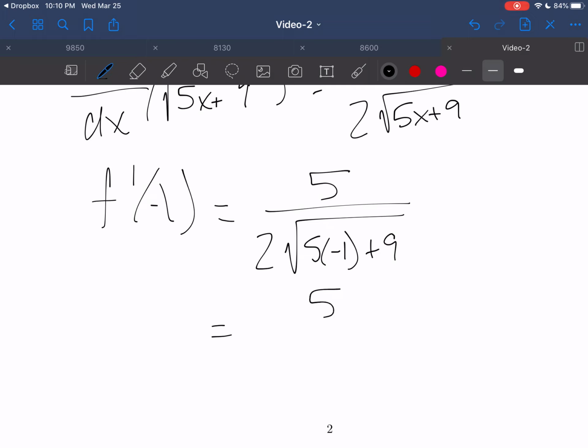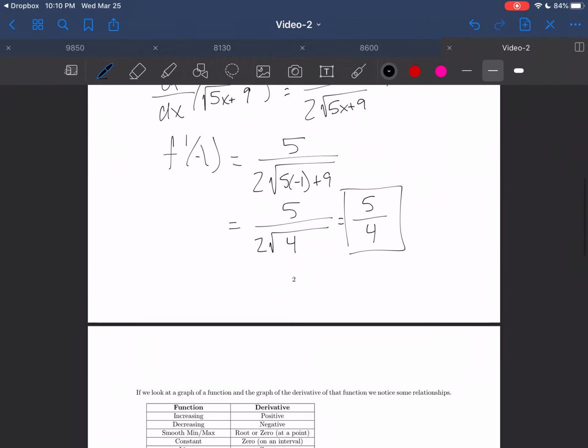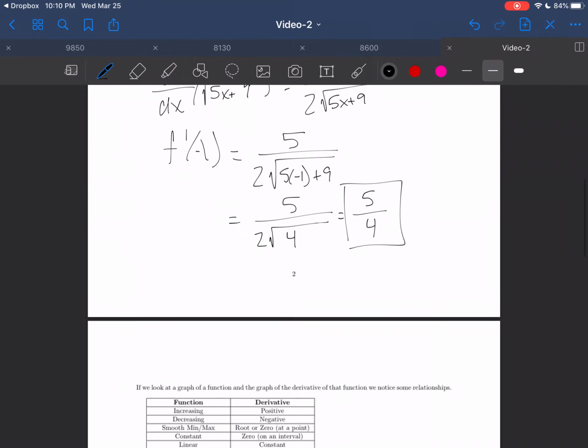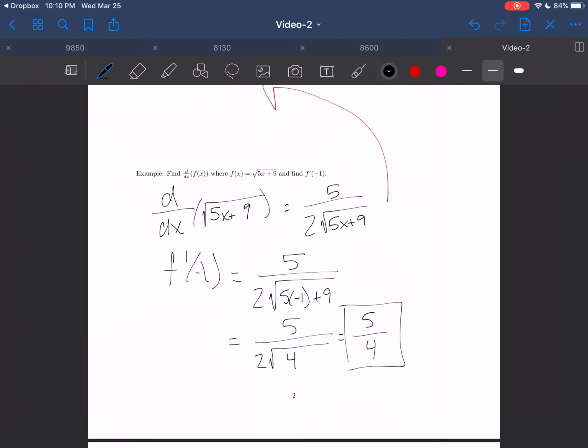Alright, and so we get 5 divided by 2 times the square root of -5 plus 9 is 4, so 5/4. Alright, so there's some examples of finding your derivative as a function and then evaluating that derivative of a function at a point.